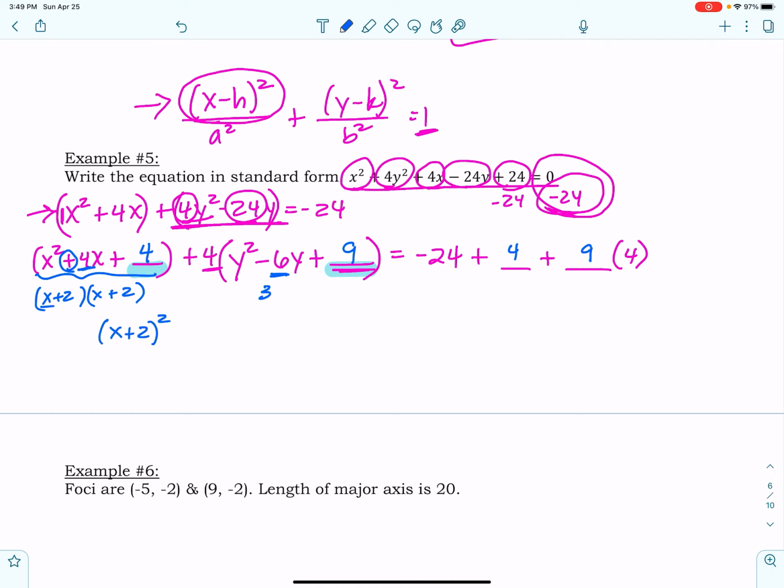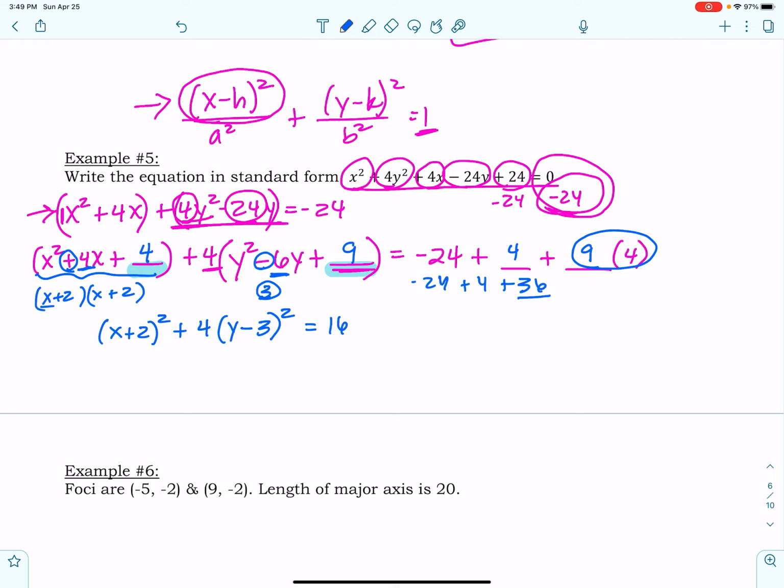But you can write it, you can factor it and show that. Plus 4, open parentheses, y takes this sign, minus the half, which is 3. Over here, I have negative 24 plus 4, which is negative 20, plus these multiplied together is 36. So negative 20 and positive 36 is positive 16.